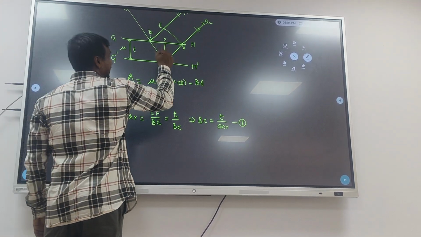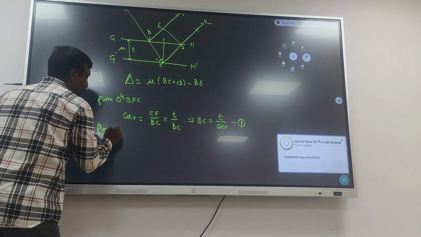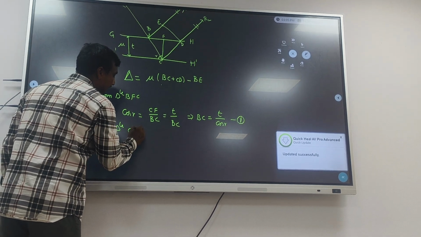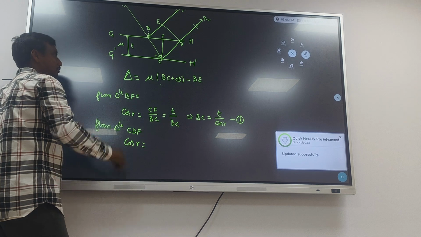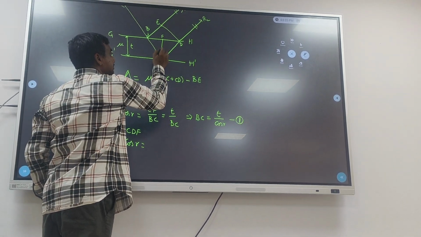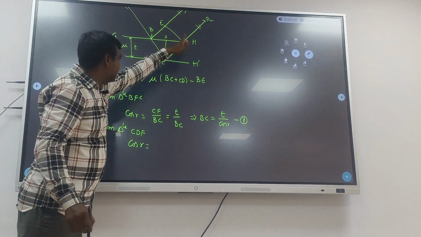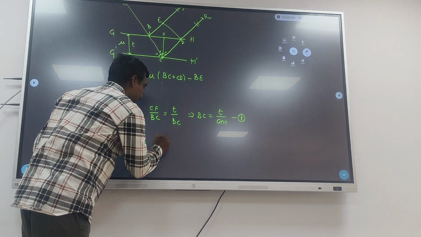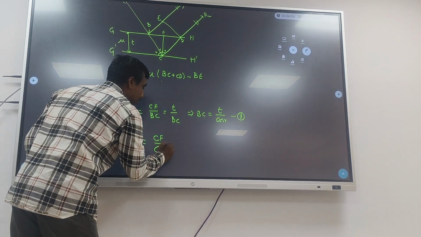We have found the BC value here. So from the second triangle, triangle CDF, cos r is equal to, again this is also r, adjacent side CF by hypotenuse CD.